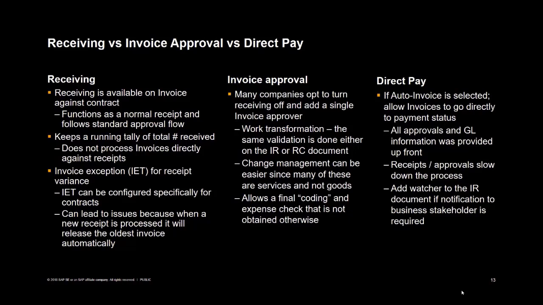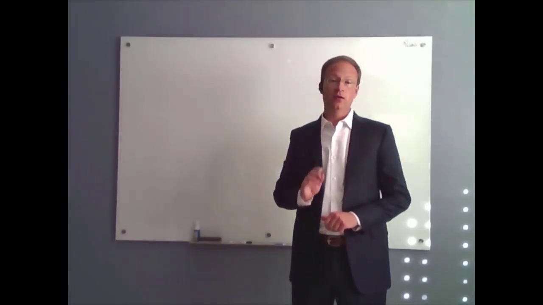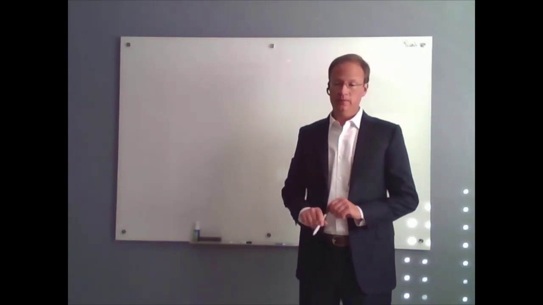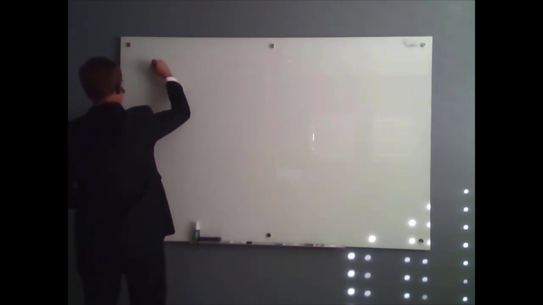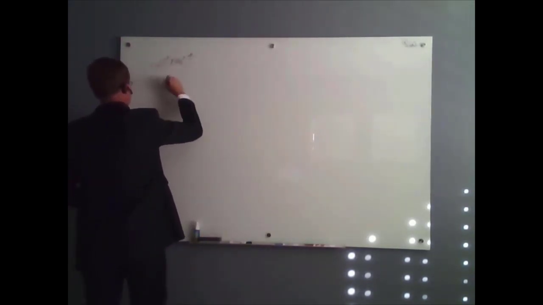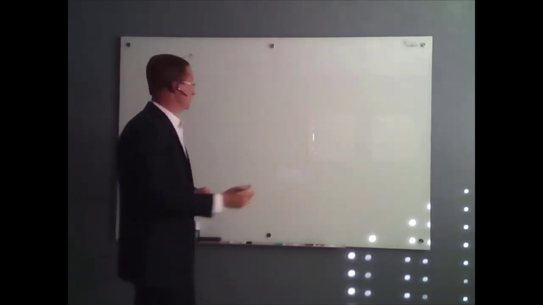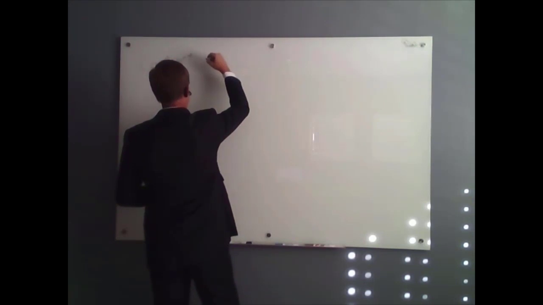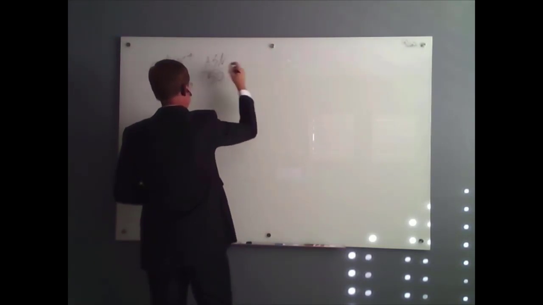Wanted to give you a little bit more background on the receiving on invoice against contract and some of the pitfalls of it. So let's say that we have a contract for 1,000 units. The first actual physical goods receipt, let's say the ship notice, the ASN, Advanced Ship Notice, is for 50 units.